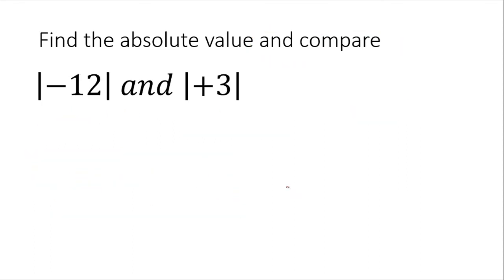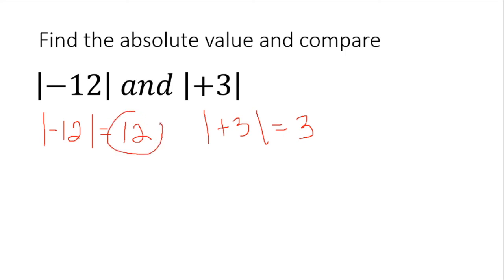Okay, moving on. Find the absolute value of n and compare. So, negative 12 and positive 3. The absolute value of negative 12 is 12. And the absolute value of positive 3 is also 3. Compare natin itong dalawa muna bago natin gamitin yung absolute value.